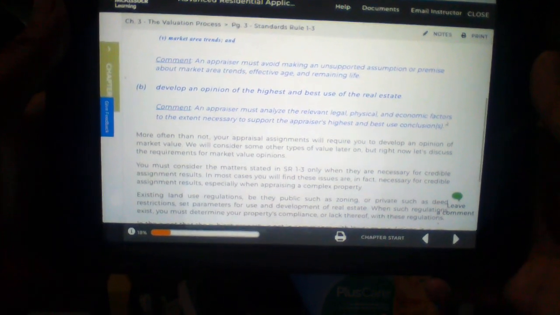Roman numeral 2, reasonably probable modifications of such land use regulations. Roman numeral 3, economic supply and demand. Roman numeral 4, the physical adaptability of the real estate. And Roman numeral 5, market area trends.